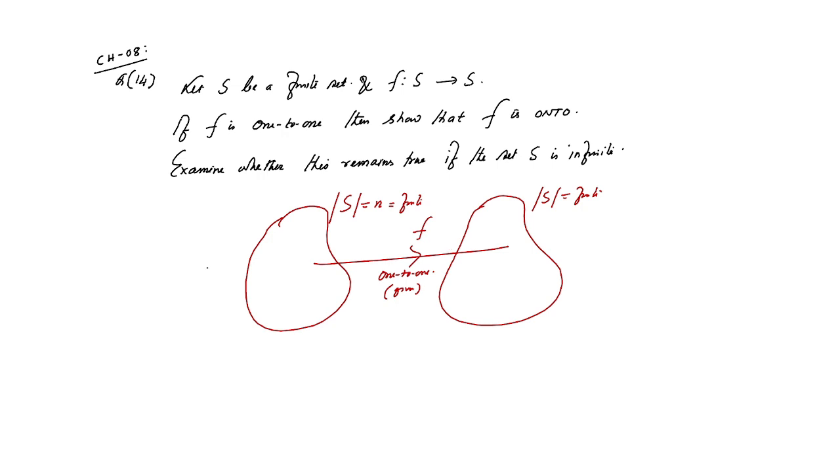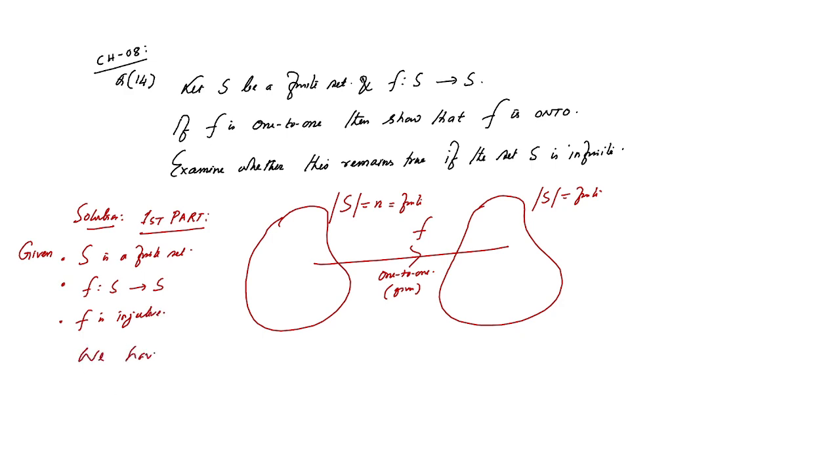What we show is that f is onto. So here is the solution, first part. What is given? It is given that S is a finite set. Also it is given f is a function from S to S, and it is given f is injective. These three conditions are given.